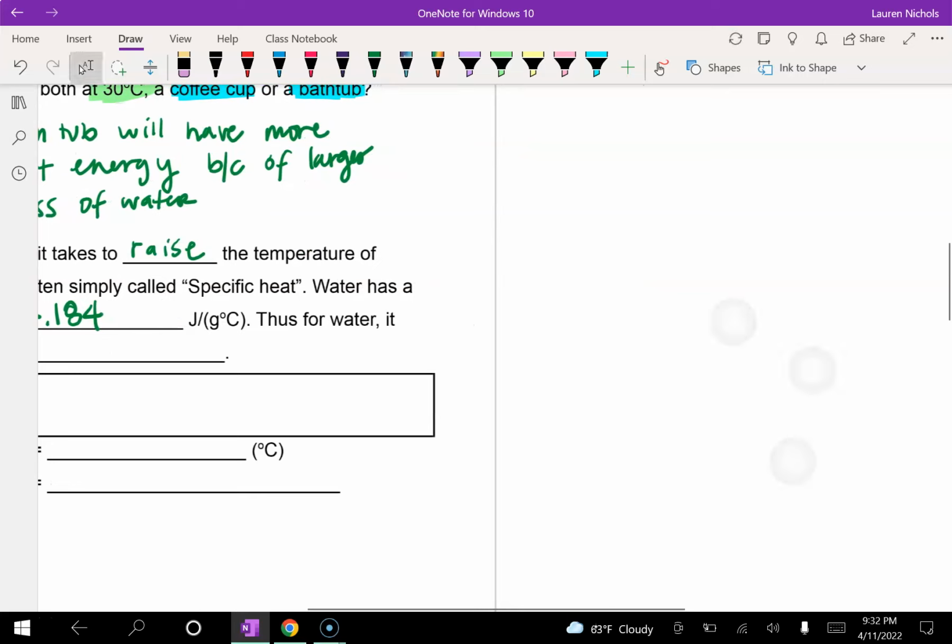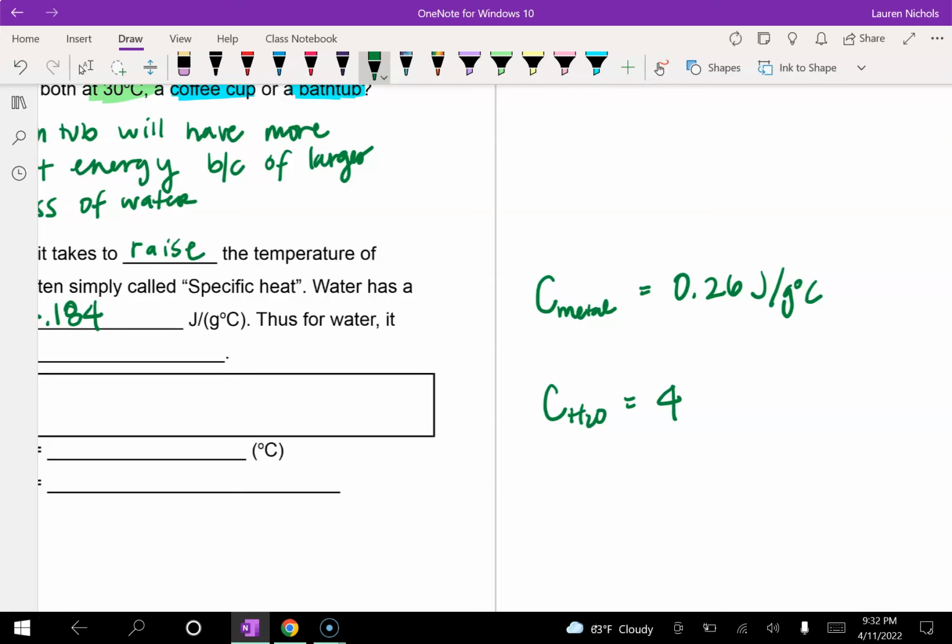For example, the specific heat of a metal is typically around 0.26 joules per gram degrees Celsius. Like you'll have it in a range there.